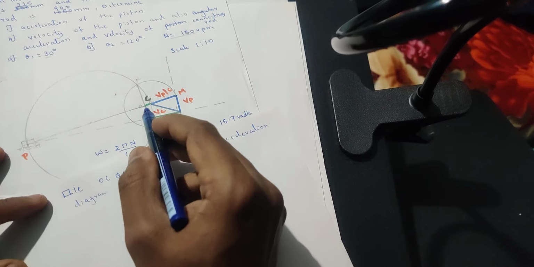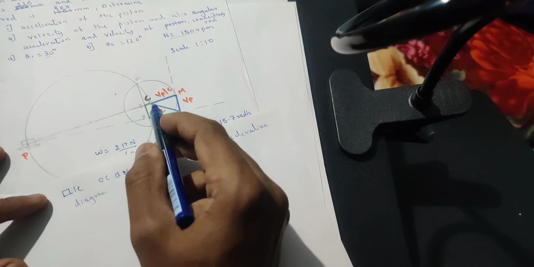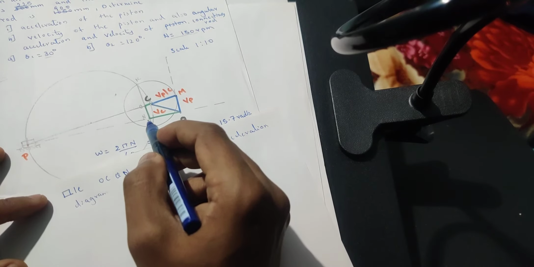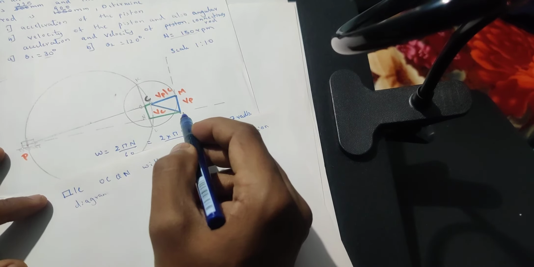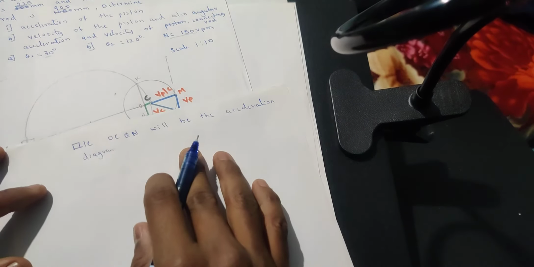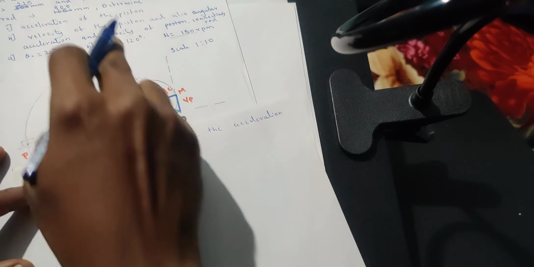QC will be giving you the normal acceleration of the connecting rod. QN will be giving you the tangential acceleration of the connecting rod, and NO will be giving you the acceleration of the piston. What they have asked is to find out the acceleration of the piston.